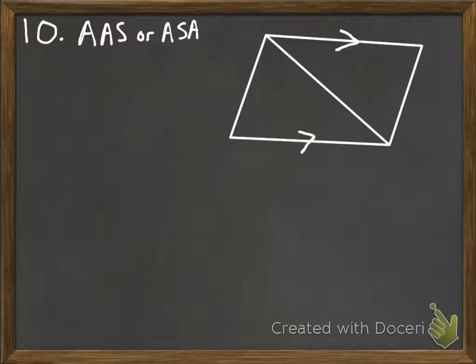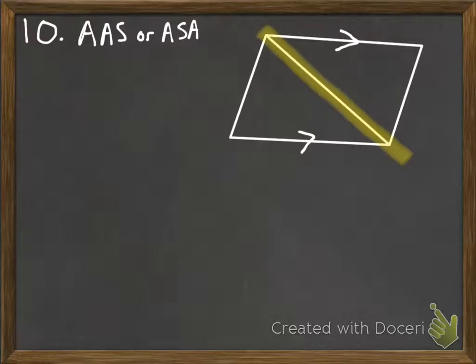Alright, number 10 is asking the same question again. Can we use angle, angle, side, or angle, side, angle to prove these two triangles are congruent? Well, starting off, I got to start looking for things that might be congruent. They don't give us anything in this picture, but they give us a clue with our two parallel lines here. And here's my transversal right there.